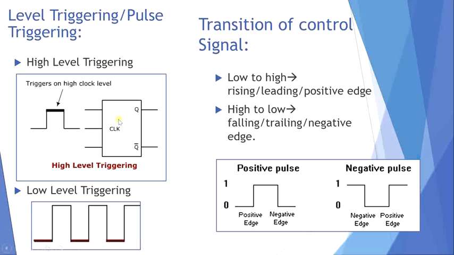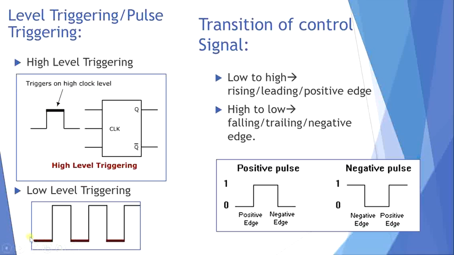We said that in the flip-flop we can make use of the clock. Now the clock can be triggered using high level triggering, or you can make use of low level triggering. High level triggering means the trigger occurs on the high clock pulse, that is at this particular point.